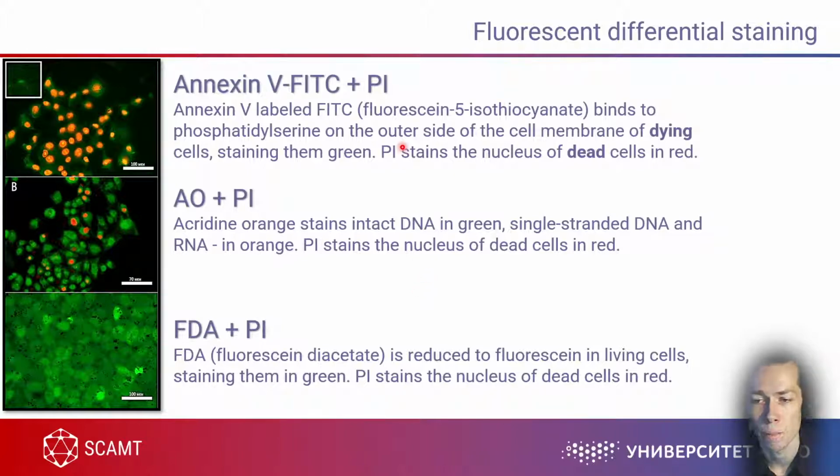It's a very simple staining just to understand whether your cells are dead or not, but it gives no answer why they died. To understand why they are dying, you need some very specific staining.